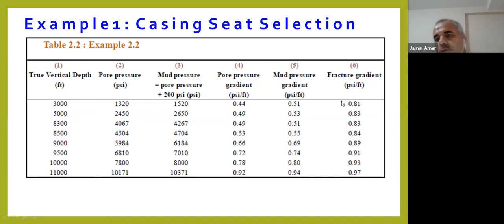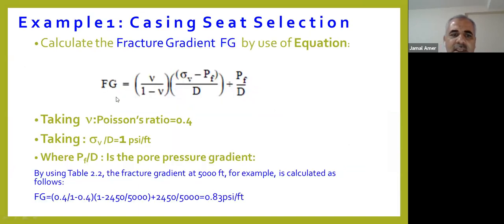Regarding fracture pressure, as I said, to select the depth of casing we need very important factors: bore pressure and fracture pressure. This is the fracture pressure. Also, we will put a margin. So we will calculate the fracture pressure by an equation. This is the equation to calculate the formation fracture pressure.